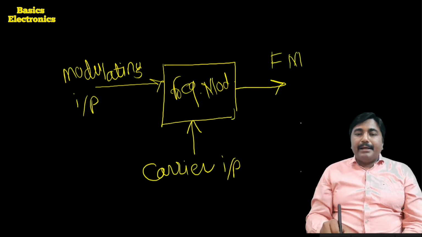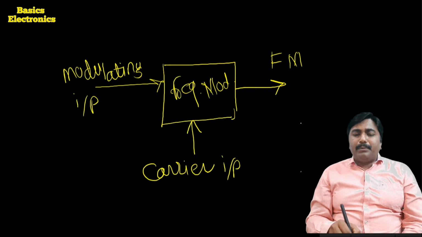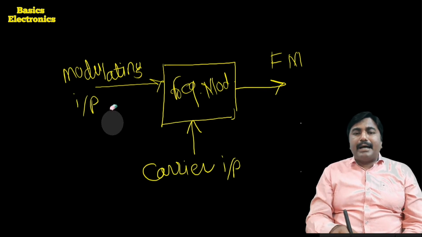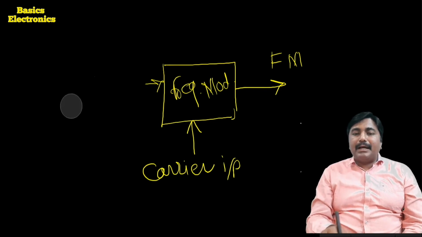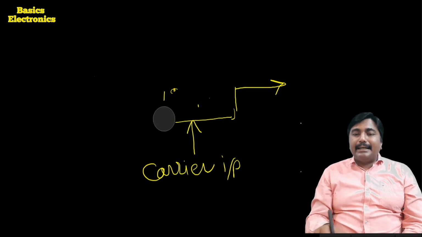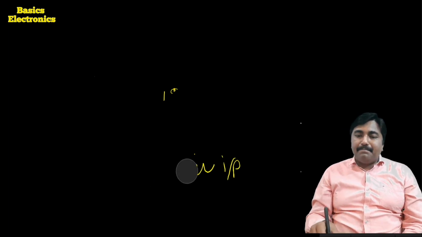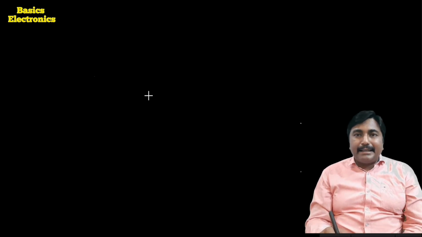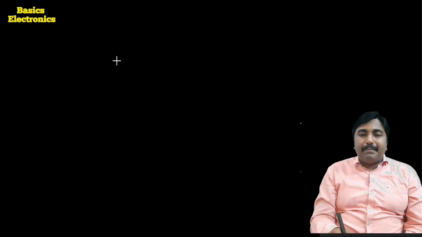Here the process is very simple. Two inputs are involved: the modulating signal, and second the carrier input signal. The modulating signal is the low frequency signal, and the carrier signal is the high frequency signal.